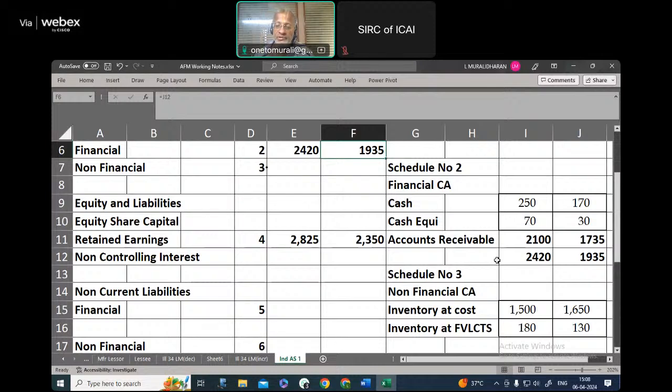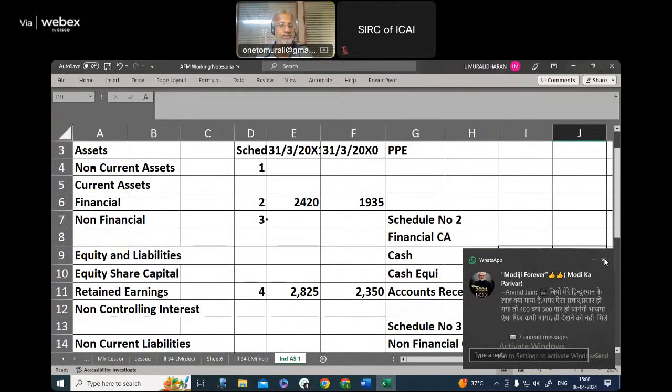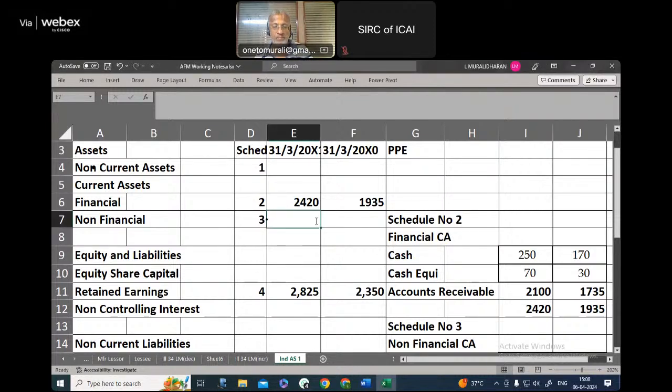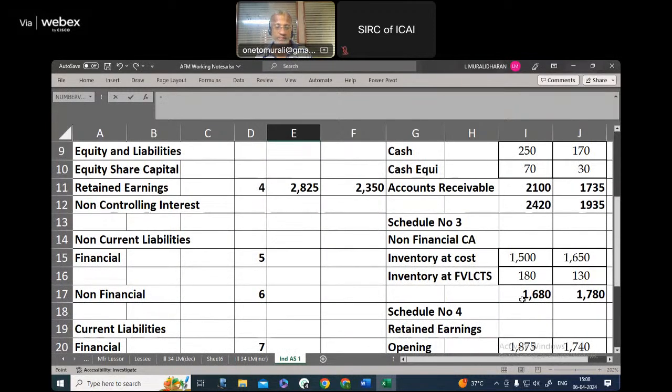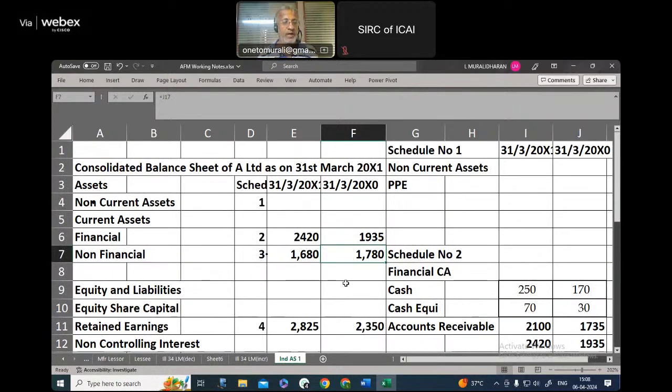Non-financial items we can take up as 1,680 and this number. Correct.